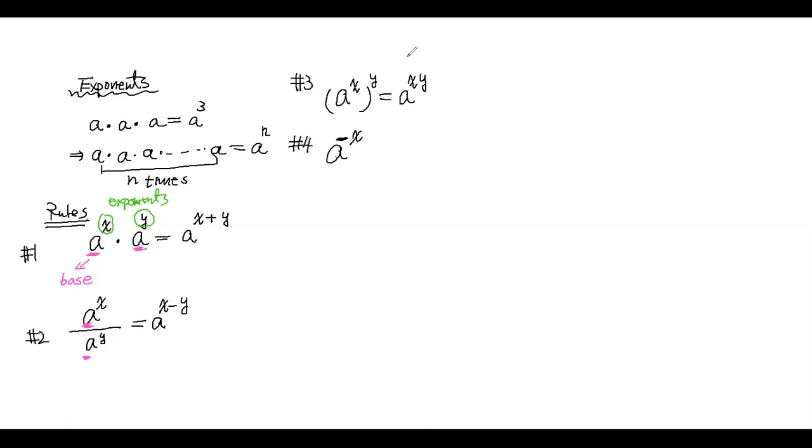In order to get rid of this negative sign, you just flip it into the denominator, so this will be 1 over A to the X. Similarly, if I have 1 over A to the negative Y, in order to get rid of the denominator, you flip over, so this will be A to the Y. So in order to get rid of the negative exponent, you either flip the numerator to the denominator, or flip the denominator to become the numerator.